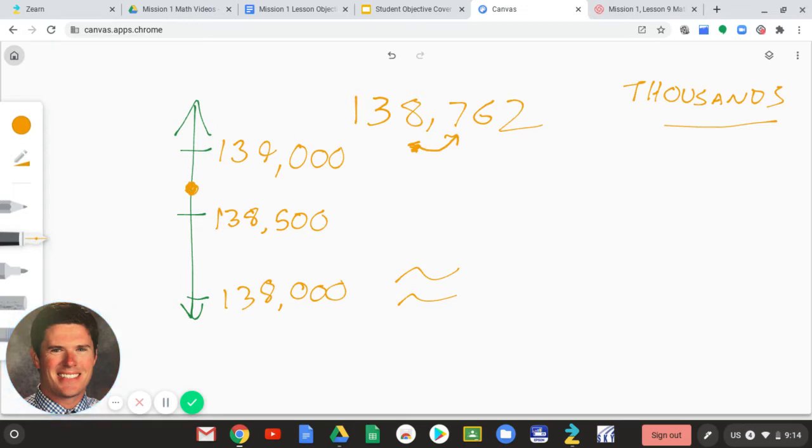And 7 is greater than 5. So that tells us this number is going to round up because it's greater than the halfway point. So 138,762 rounded to the nearest thousands place is 139,000.